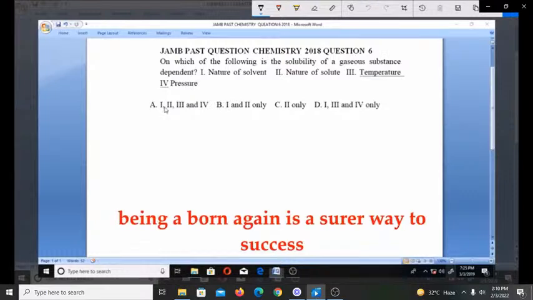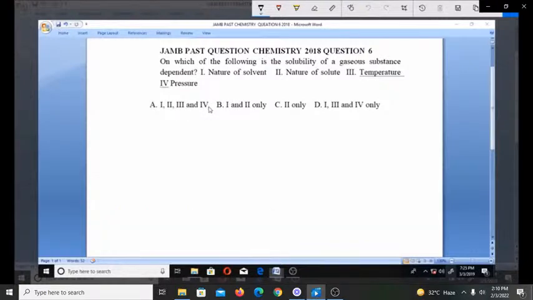Option A, I, II, and IV. B, I and II only. C, II only. D, I, III, and IV only. So what is the correct answer to this question?